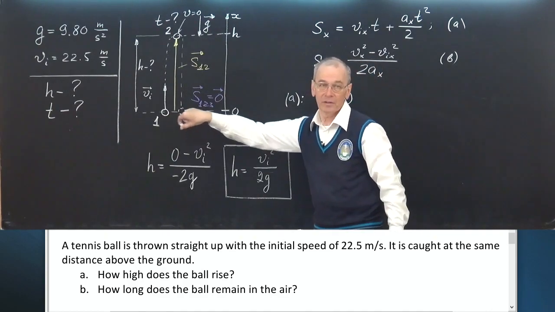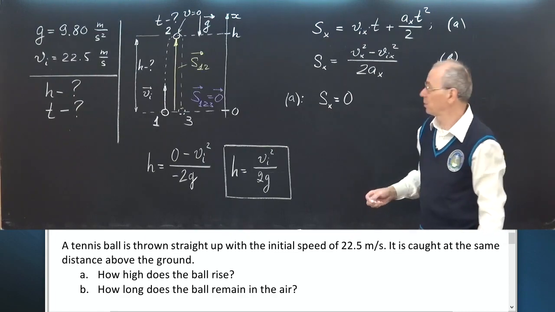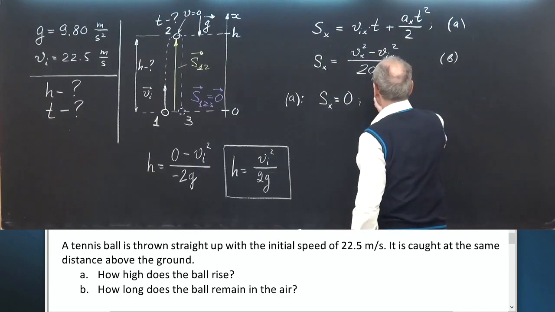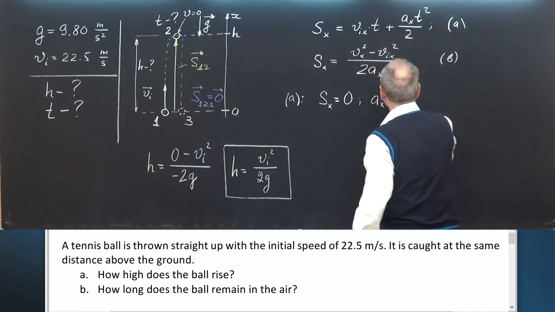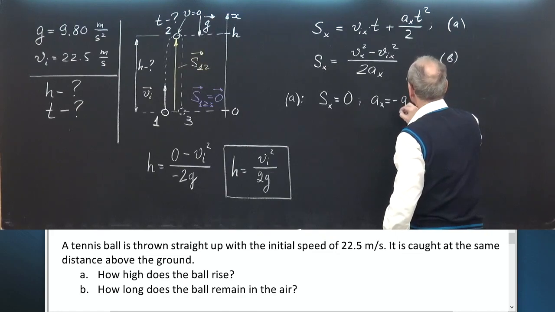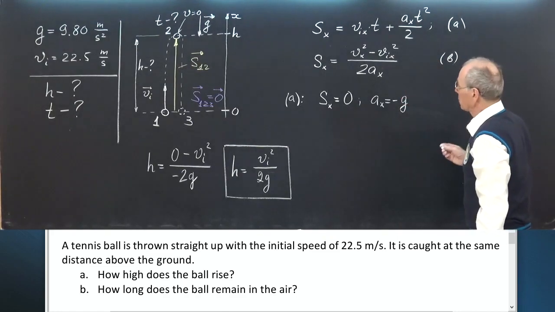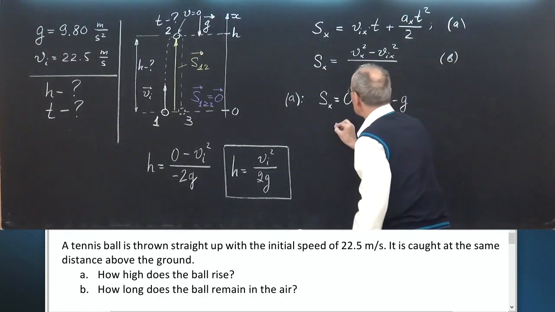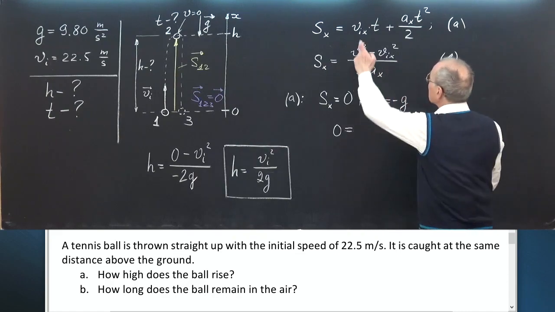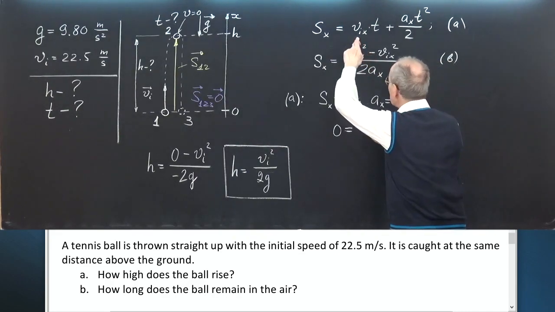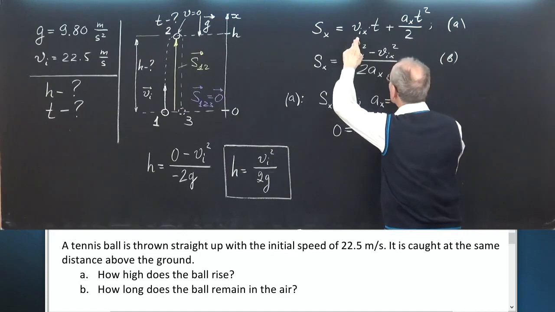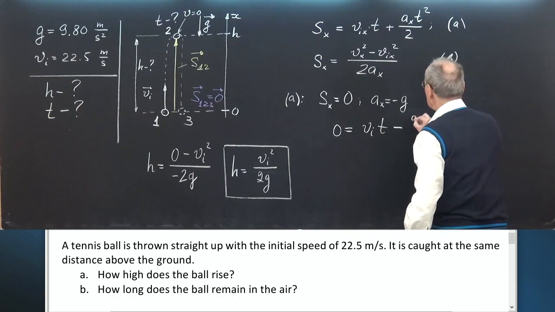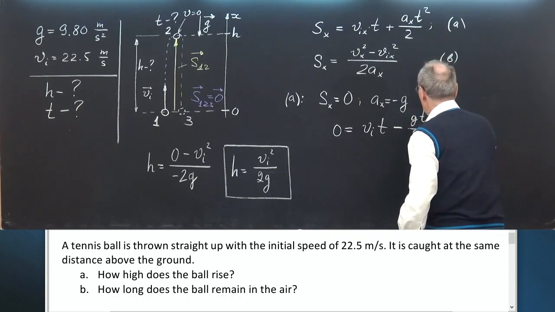The starting point and the final point are the same points. ax gives minus g, so we can write 0 equals V initial t minus g t squared over 2.